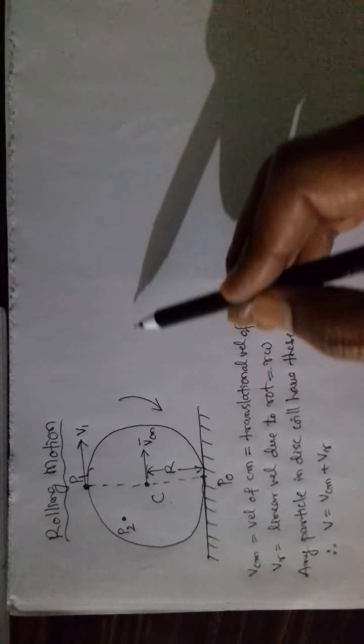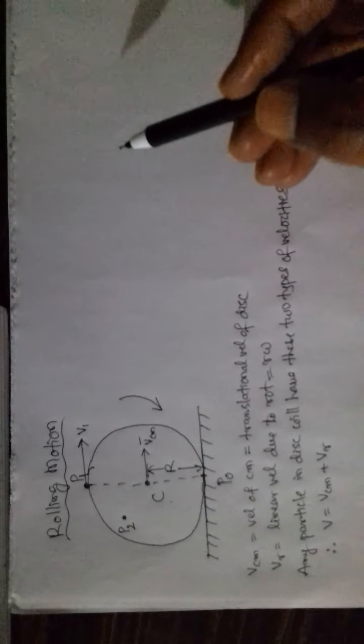See, VCM means velocity of center of mass. As the disk is moving on the floor, its center of mass moves in a horizontal straight line with some velocity, and that velocity is VCM.